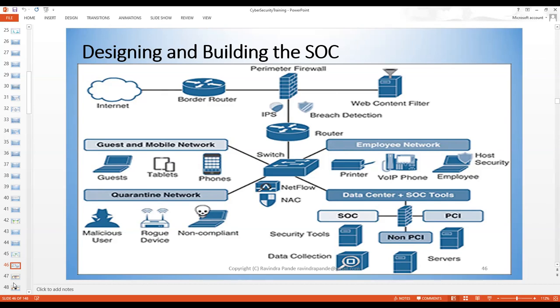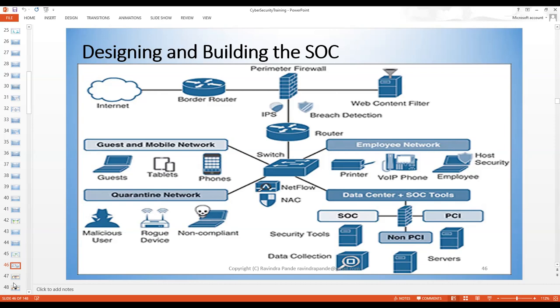Now you can see all those acronyms here. I believe we know internet. We need to understand the router in depth, the firewall in depth, and web content filtering also. Then IPS, breach detection.